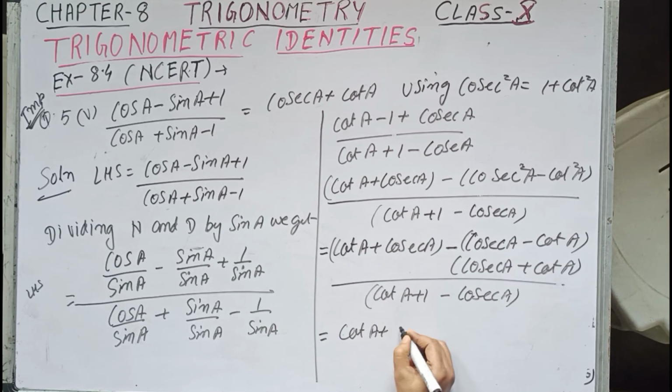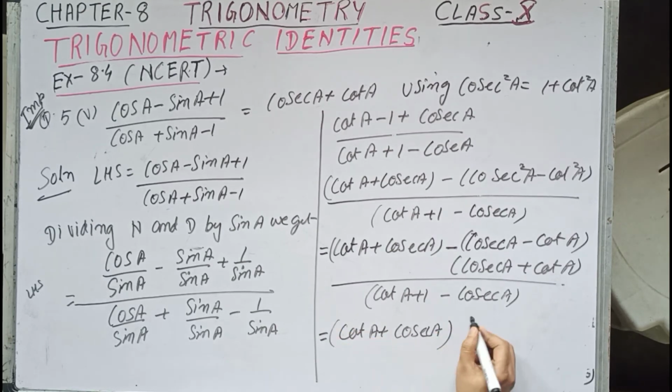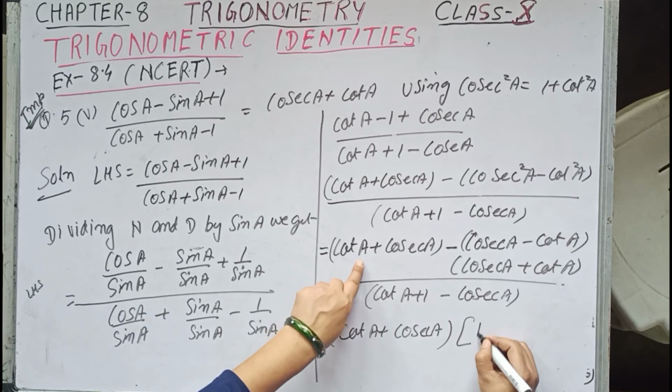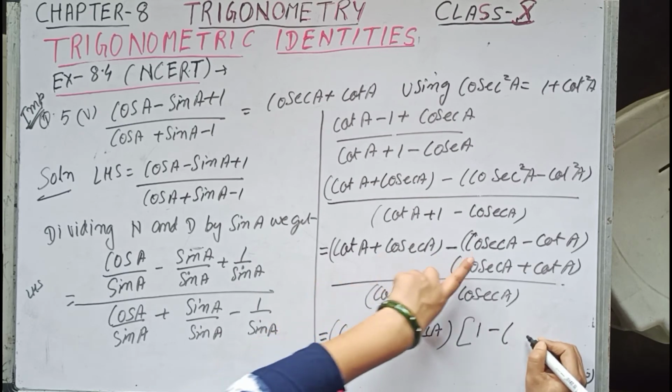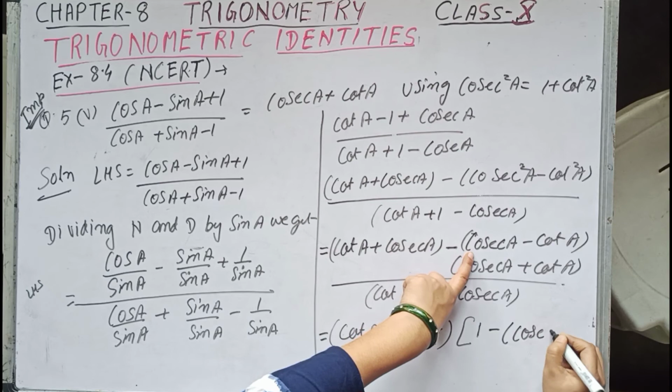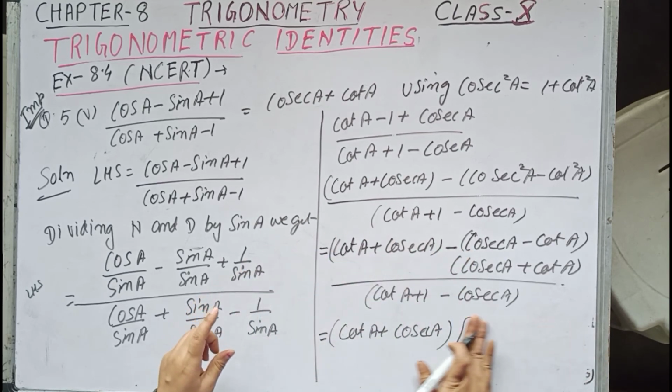So cot A plus cosec A, and in the bracket what will be left? 1 minus, and what is left over here? Cosec A minus, let me write more neatly.